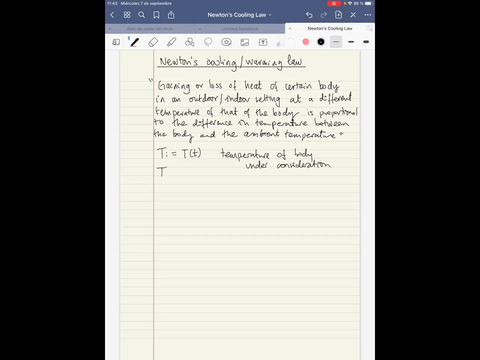And we're going to consider Tm as the temperature of the surroundings. And this one is going to be a constant because it's not going to be changing. The surroundings are supposed to be at a constant temperature. So this is a constant temperature of the surroundings.